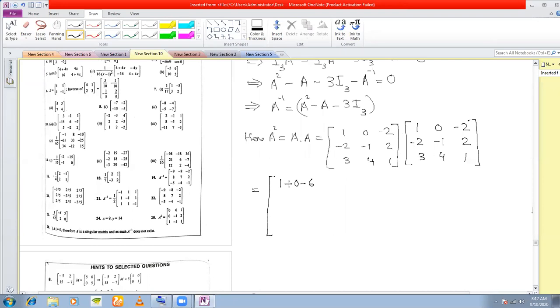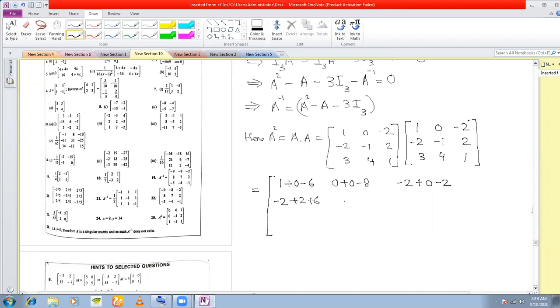Next, first row, second column: 1 into 0 is 0 plus 0 into minus 1 is 0 plus minus 8. First row, third column: minus 2 plus 0 minus 2. Next, second row, first column: minus 2 plus 2 plus 6.